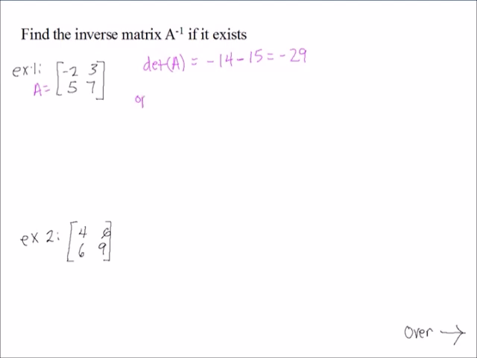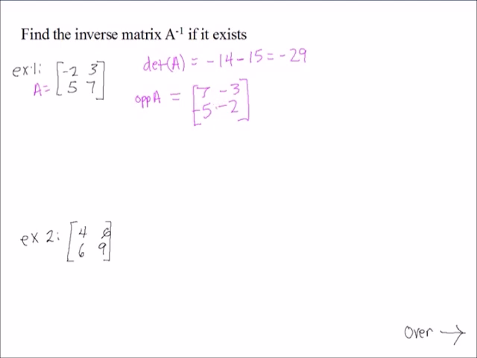Then we want to find the opposite matrix of A. So let's say op A. So this is going to be equal to, remember, flip your front diagonal. So this is going to be 7, -2, and then put negatives in front of the back diagonal. So -3, -5. Okay. So this is 2A, 2B.